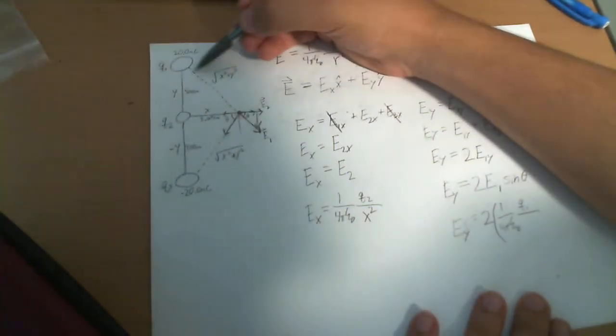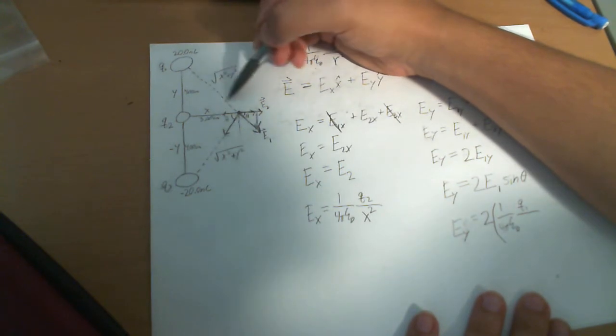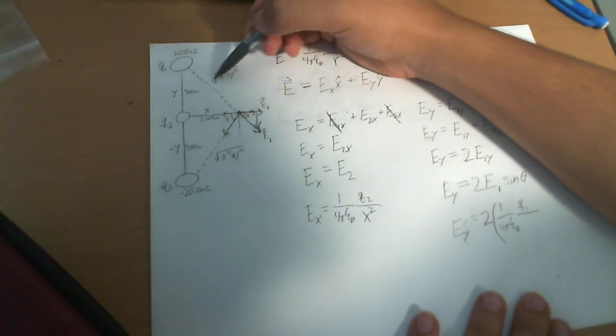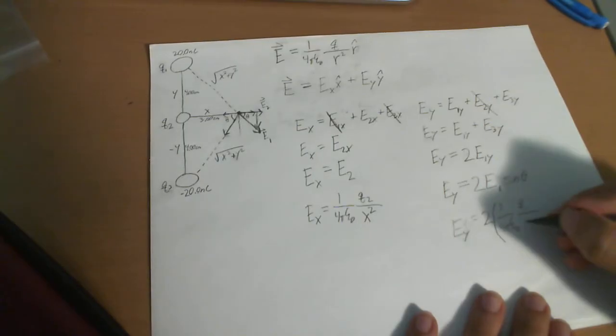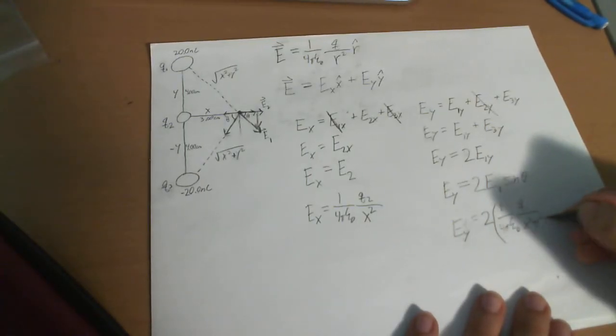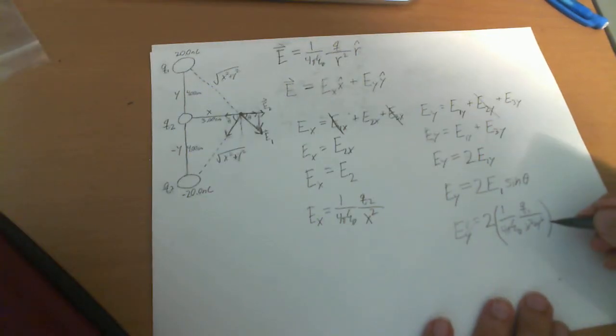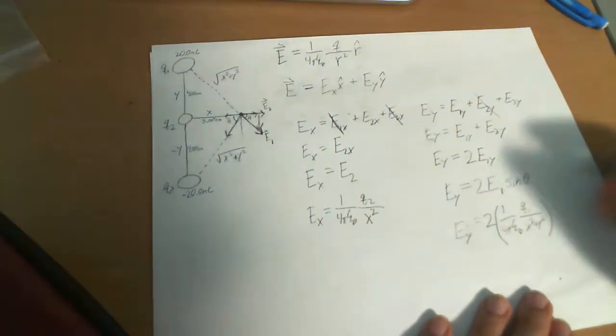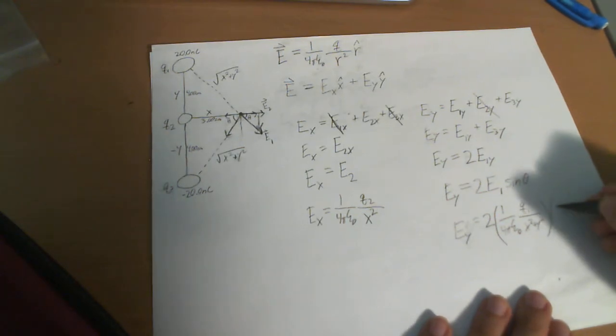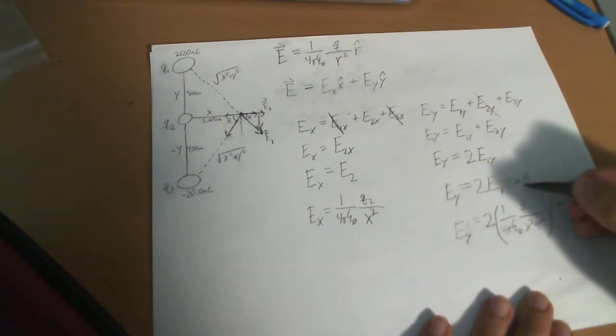So the distance squared, that cancels the square root. So x squared plus y squared times the sine of theta.